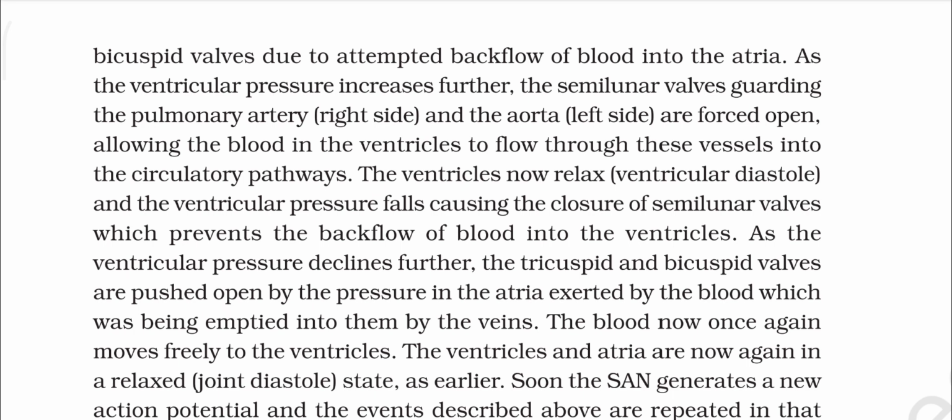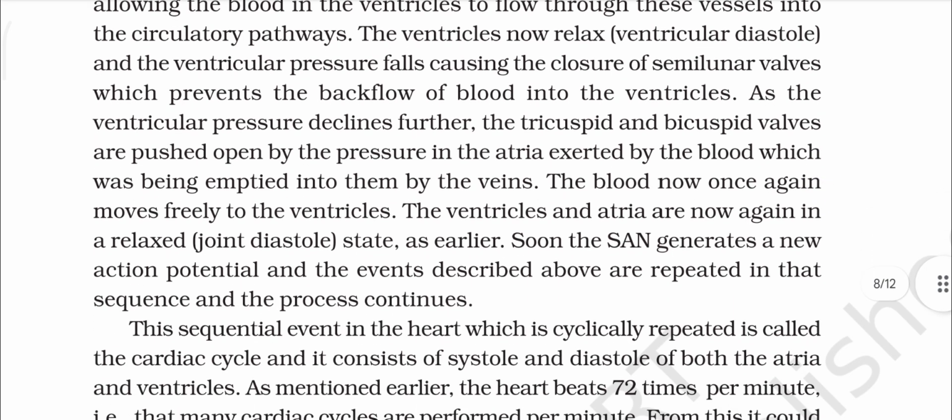The ventricles now relax and the ventricular pressure falls, causing the closure of the semilunar valves, which prevents the backflow of blood into the ventricles. As the ventricular pressure declines further, the tricuspid and bicuspid valves are pushed open by pressure in the atria exerted by the blood which was being emptied into them by the veins.